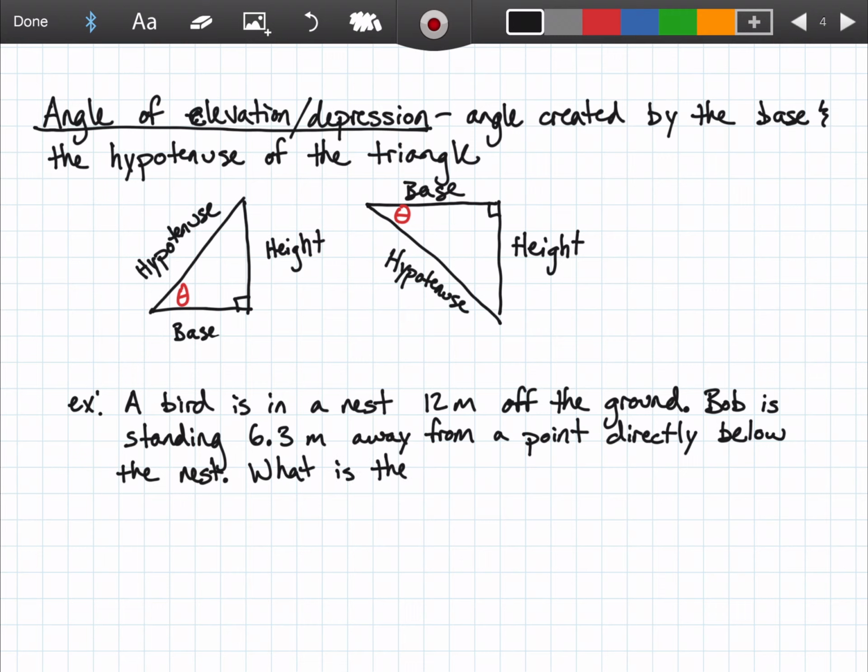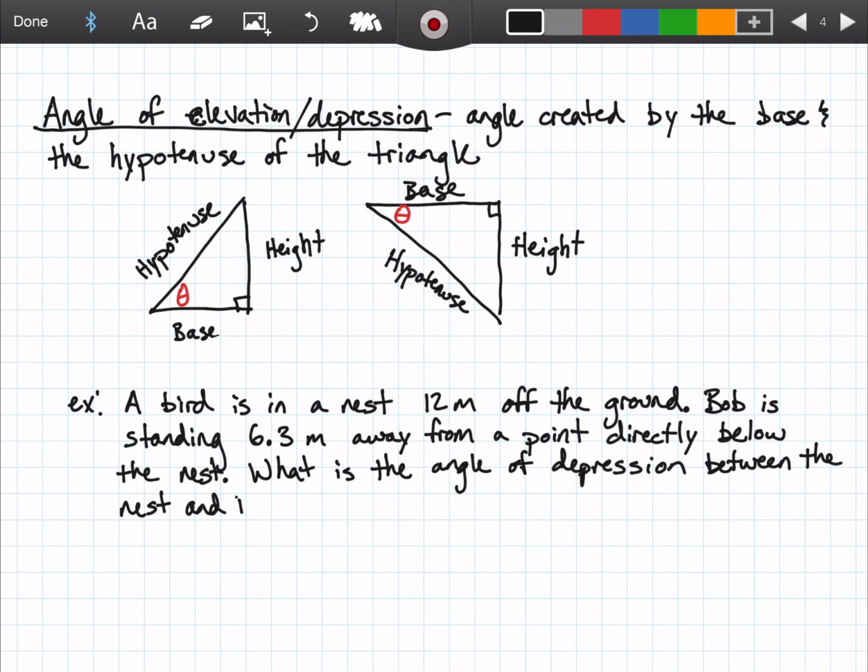What is the angle of depression between the nest and Bob?